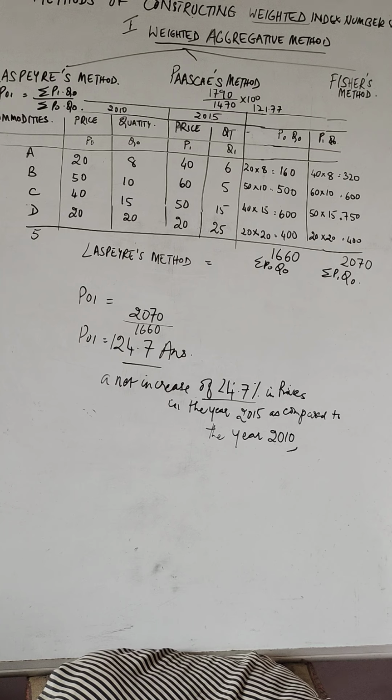As you can see, based on the value of base period quantities, it has risen by 24.7% due to price rise. So, using these base period quantities as weights, we can conclude that the price is said to have risen by 24.7%.